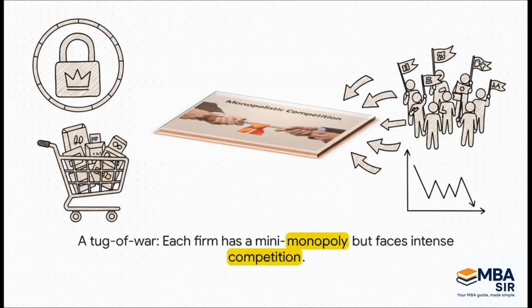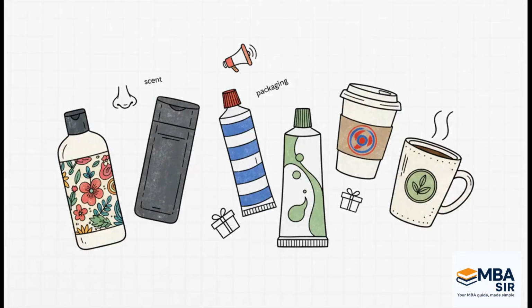But on the other hand, they're in this intense battle with all the other companies selling similar stuff. I mean, just think about shampoo or toothpaste or coffee shops. There are dozens and dozens of brands, and they all pretty much do the same thing. But you might prefer one because of the way it smells, or its cool packaging, or an ad you saw.